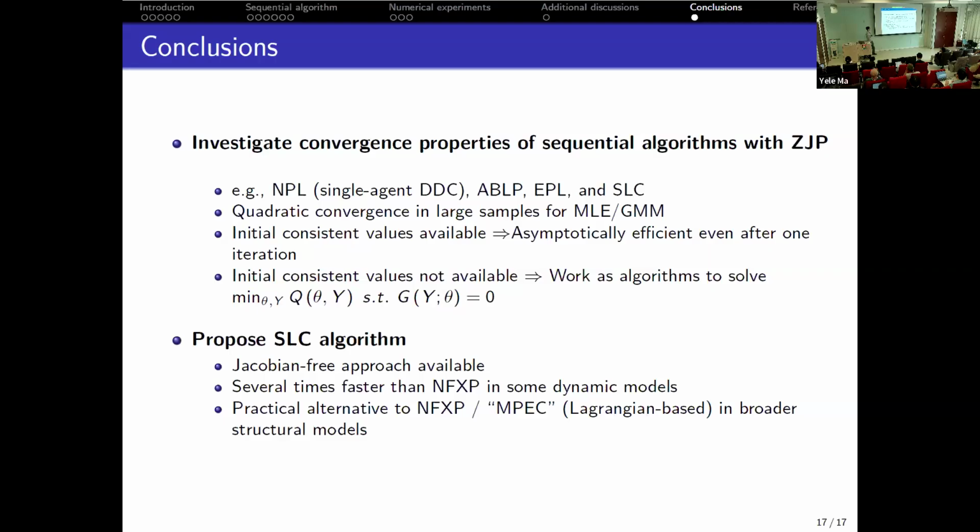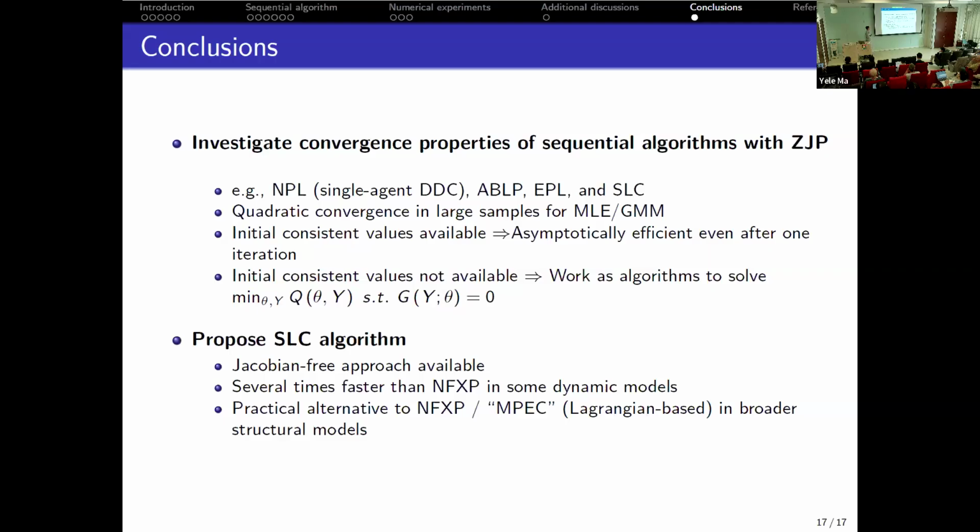And when initial consistent values of gamma, theta and Y are available, then the sequential algorithms with GJP use an asymptotically efficient estimator, even after one iteration. And even when initial consistent values of theta and Y are not available, the sequential algorithm can work as an algorithm to solve this constrained optimization problem.